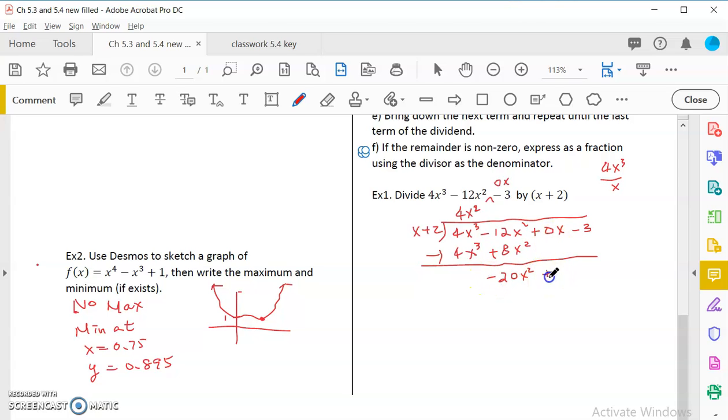Bring down plus 0x. Now I'm starting all over again: divide, multiply, subtract, bring down. Divide negative 20x squared by x, so it'll be negative 20x.